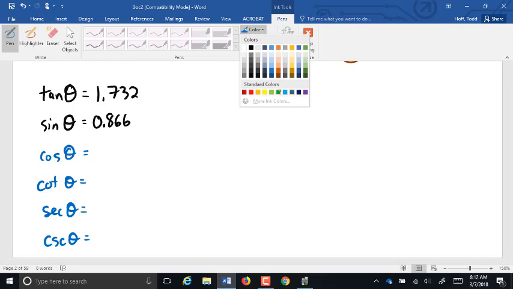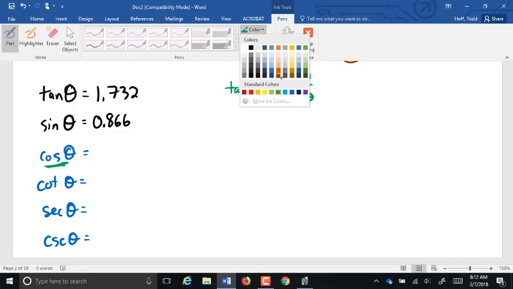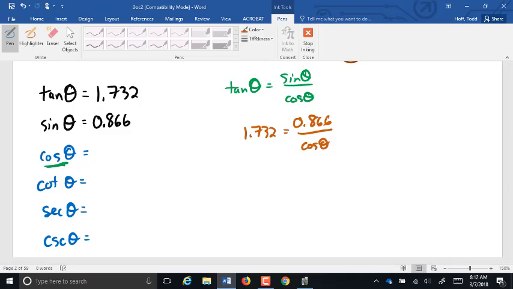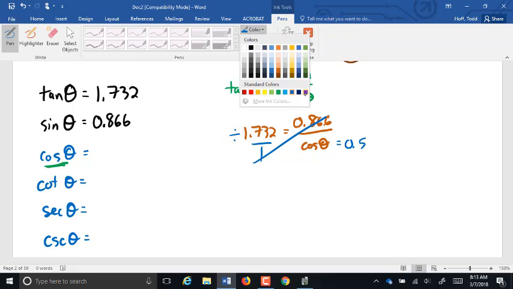Sure we can. Cosine can be found using that equation, right? That equality. We know the tangent is 1.732. We know the sine is 0.866. We are looking for the cosine. We can just make this a 1, and it's 1 times 0.866 divided by 1.732, which is 0.5.